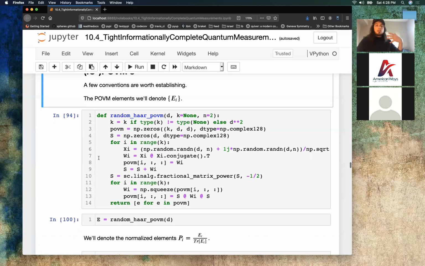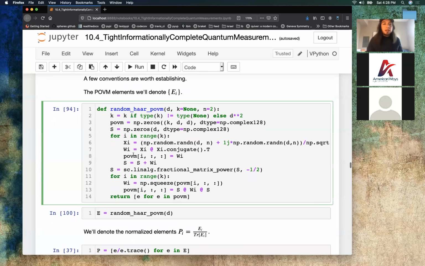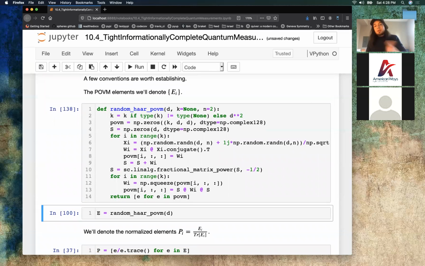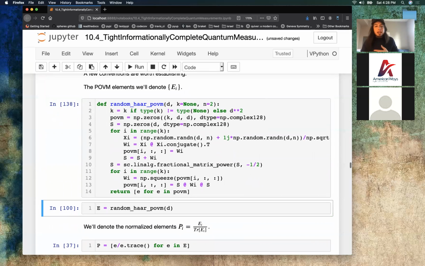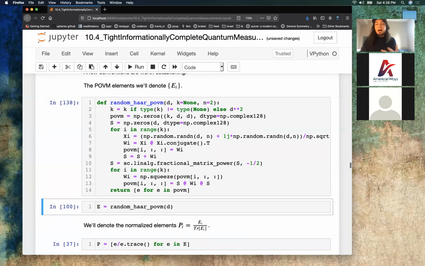So just to establish a couple of conventions briefly, here's a nice way of generating a random POVM, where you can have any number of elements. You can adjust the mixedness of each of the elements, and the elements will have different weights.